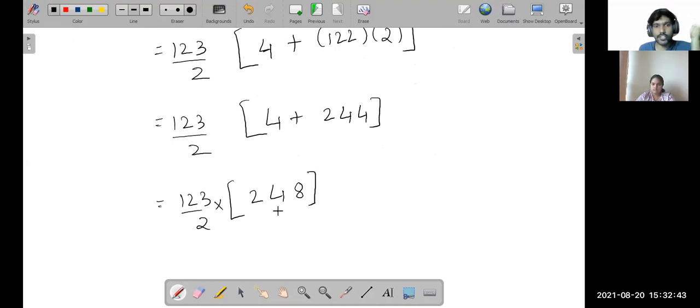So this is multiplication, so we can divide 248 by 2. 2 ones are 2, 2 twos are 4, 2 fours are 8, so we get 124. So you just have to multiply 123 with 124.